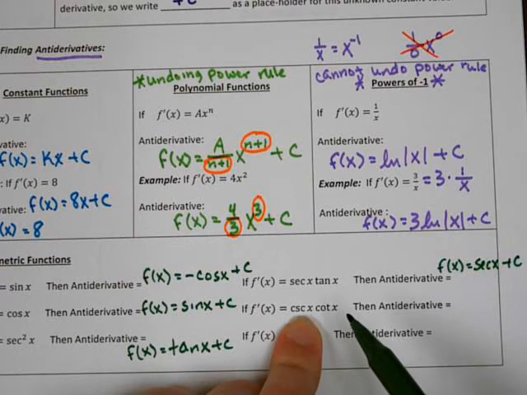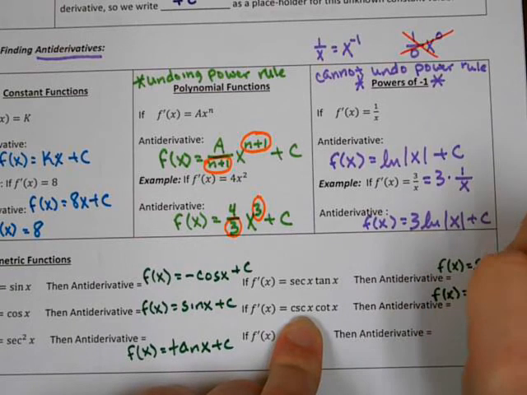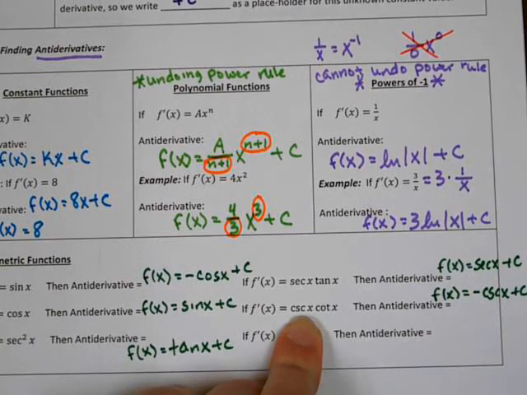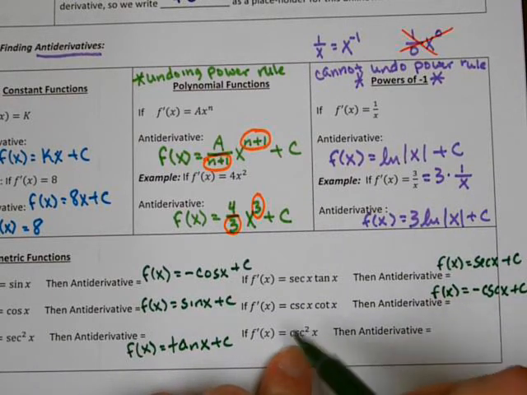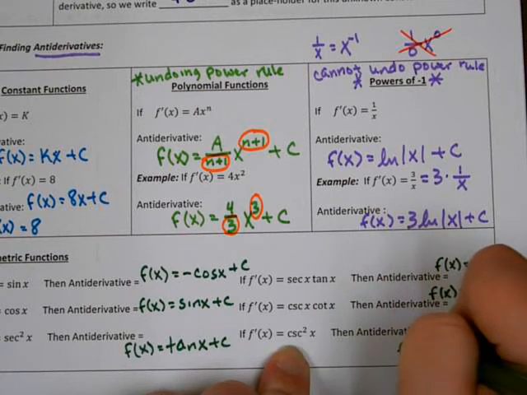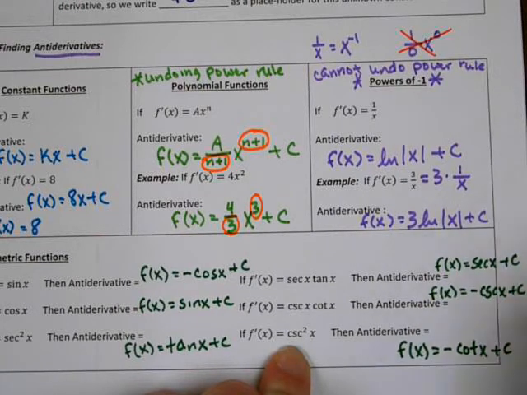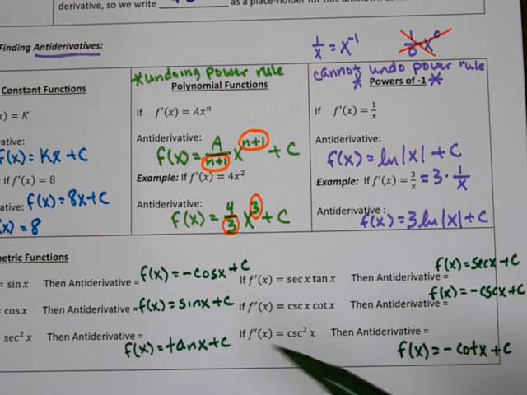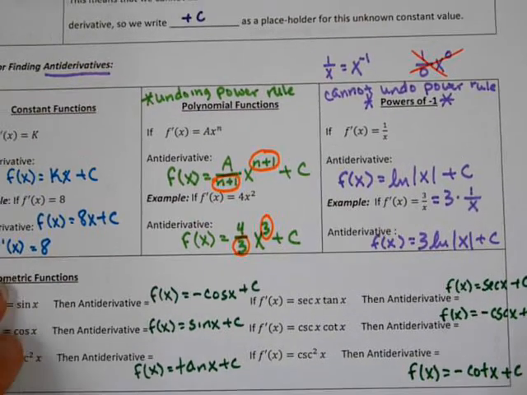The normal derivative that we would see would actually be a negative cosecant cotangent, which means our original function, our antiderivative, must be negative cosecant of x plus c. And then cosecant squared of x, again, we're used to seeing actually a negative cosecant squared, which means our original function here must be negative. So f of x must be negative cotangent of x plus c. The hardest part here is just going to be keeping your negatives straight, but if you know your trig derivatives, then all we're doing is going backwards. Okay?